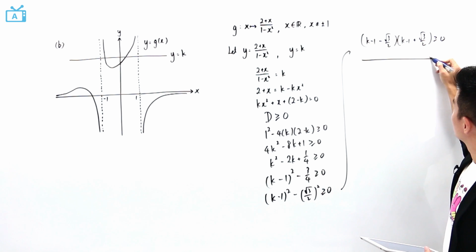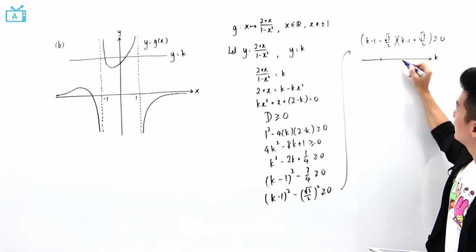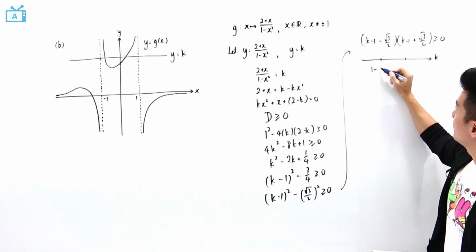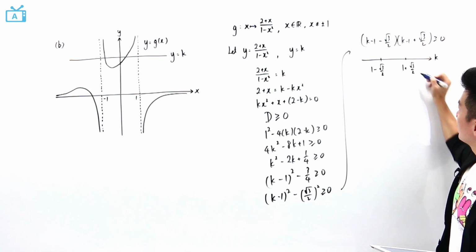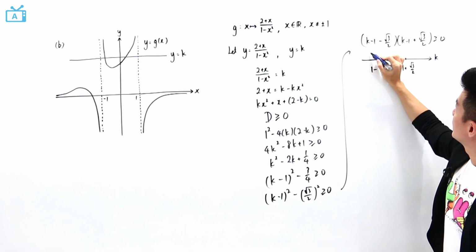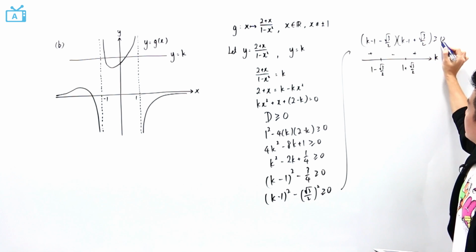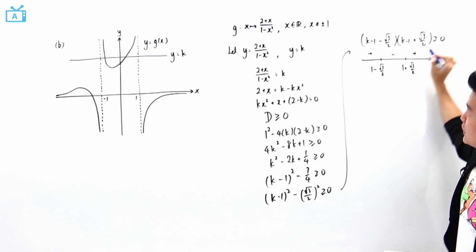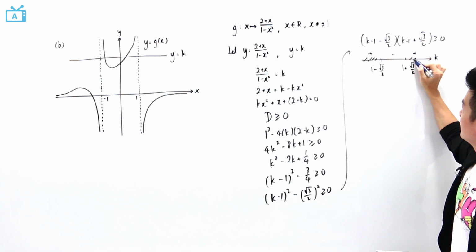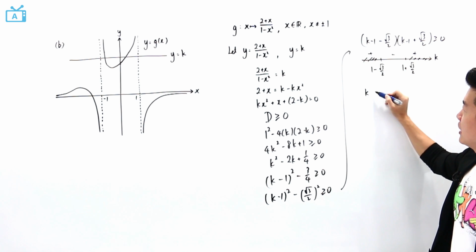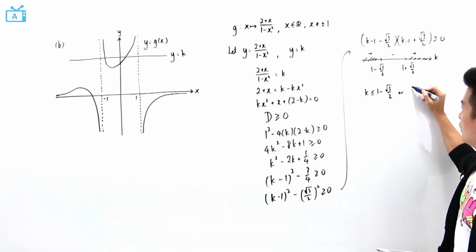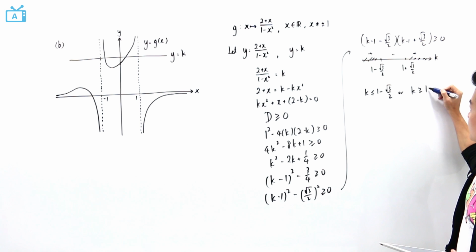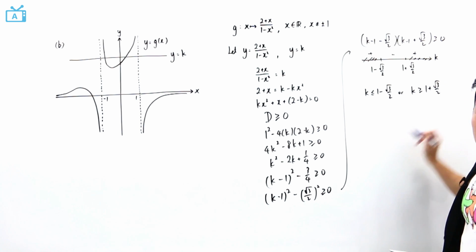If I draw a number line in terms of k, I have 1 minus square root of 3 over 2 and 1 plus square root of 3 over 2. It is going to be plus, minus, plus, and I want the region that is bigger or equal to 0. That means I want this region and this region. So k is less than or equal to 1 minus square root of 3 over 2, or k is bigger or equal to 1 plus square root of 3 over 2.